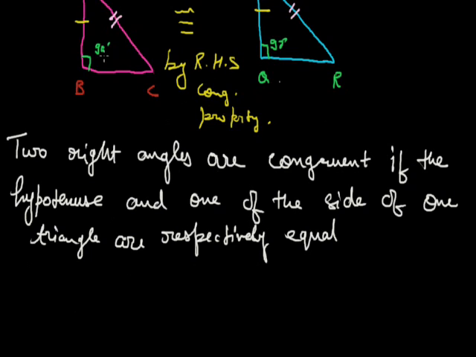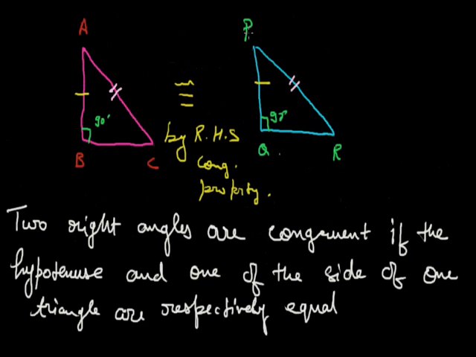Respectively means there is one correspondence, that is one of the side cannot be equal to the other side of the triangle. That is, if side AB is equal to side PQ, then it cannot be equal to side QR. So there is a one correspondence, that is AB is equal to PQ, AC is equal to PR, and angle B is equal to angle Q, that is 90 degrees.